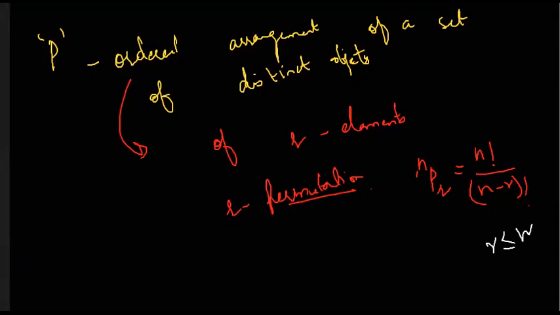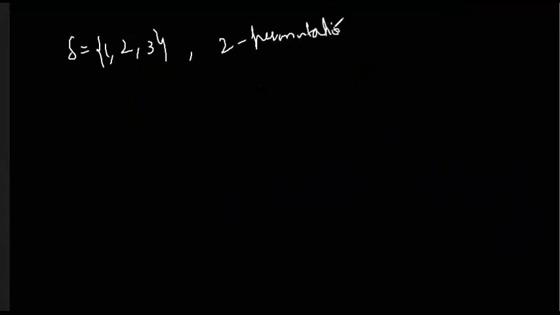Apart from that, let's see an example with the same. Suppose we have a set S with the elements 1, 2, 3. What are the two permutations of S? That is, we need to select each time two elements and see how many permutations we will have.